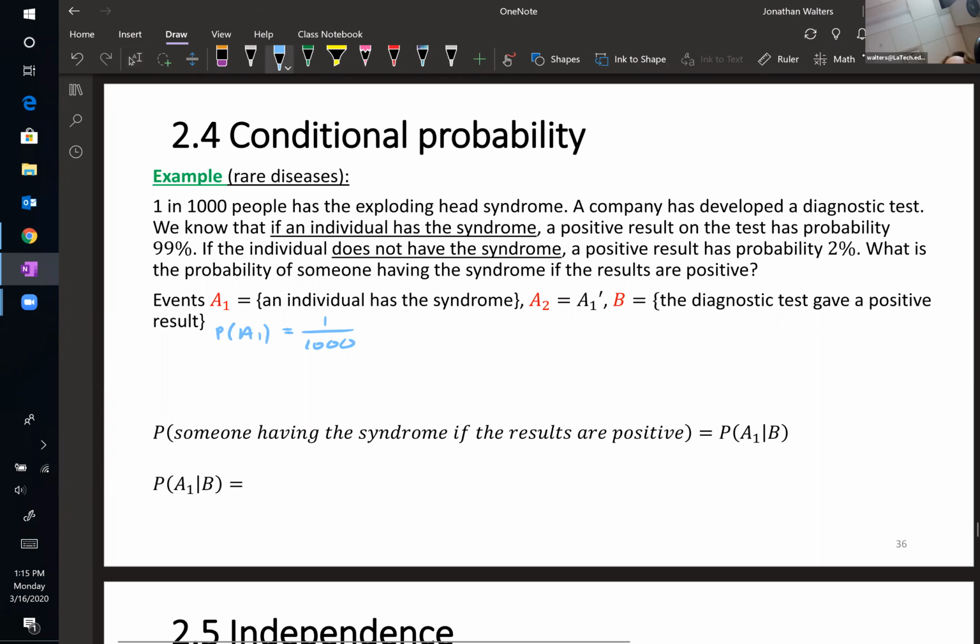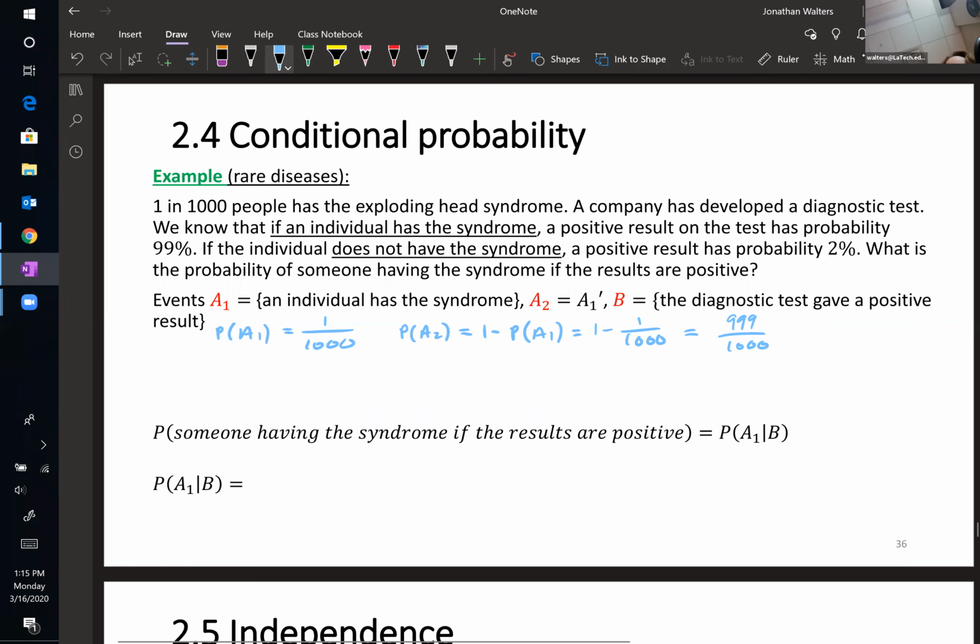So that's our probability of A1 by itself. And then A2 is A1 complement. So probability of A2 is going to be 1 minus probability of A1, which is going to be 1 minus 1 over 1,000, which is going to be 999 over 1,000. Again, I recommend just using fractions instead of decimals. It's going to be easier.